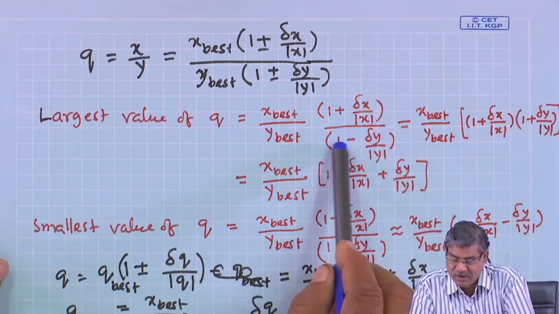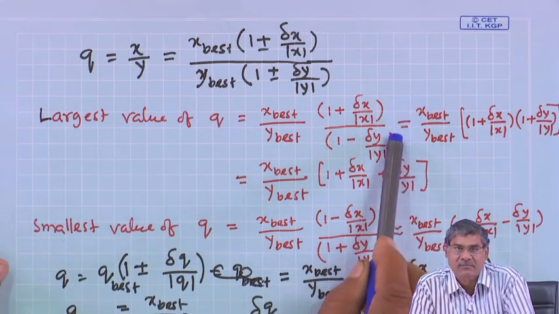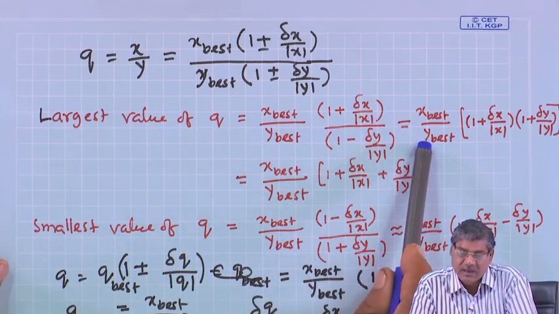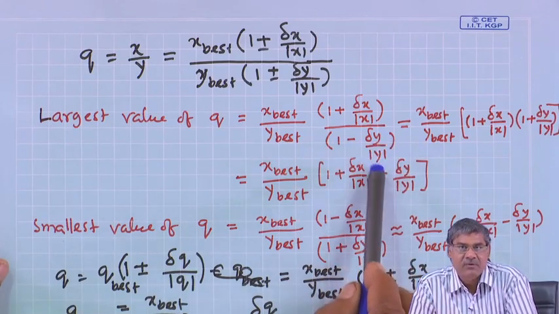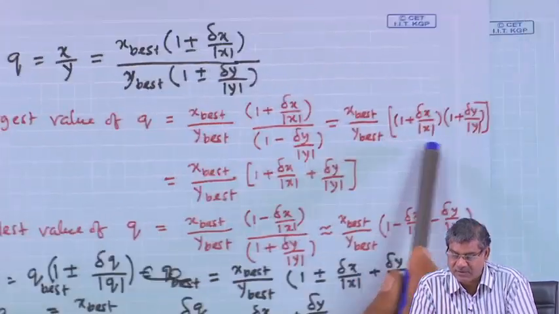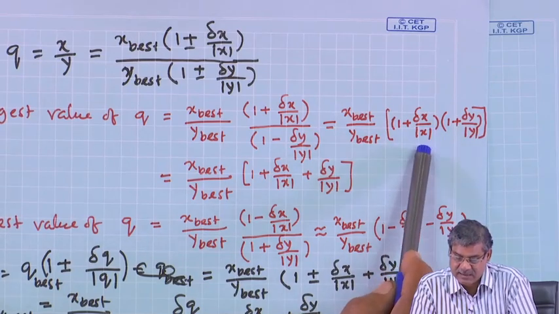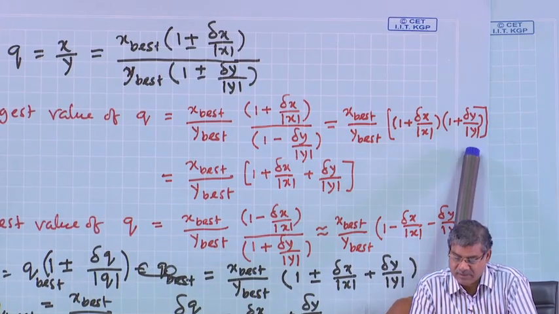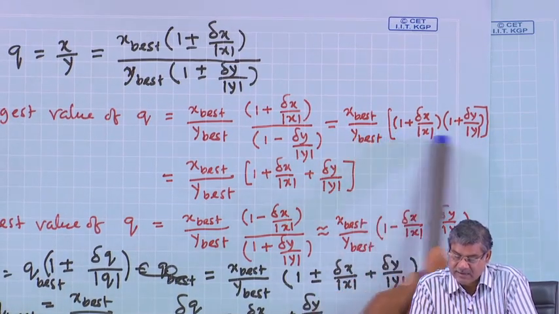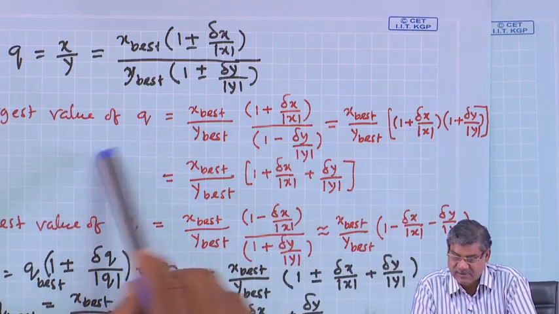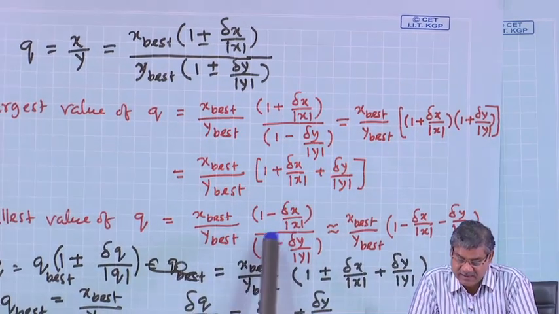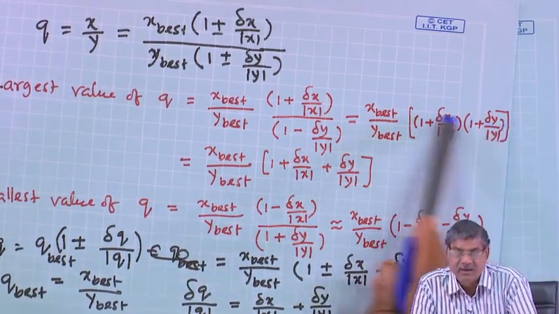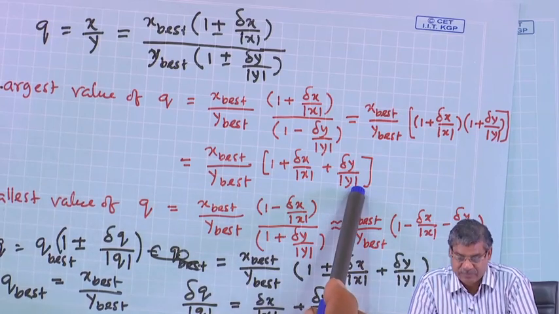So, this is basically 1 minus this, power minus 1, that is equal to 1 plus del y by y. So, from the binomial theorem I have written 1 plus del x by x, and 1 by this one is basically 1 plus del y by y. Again, for the largest value both are plus, and if you multiply, then neglecting the second order term, you will get this one.